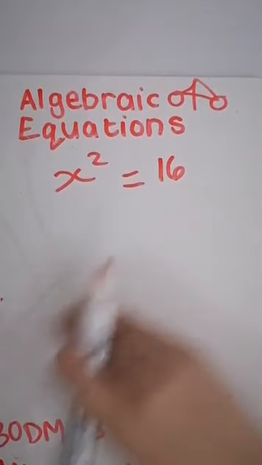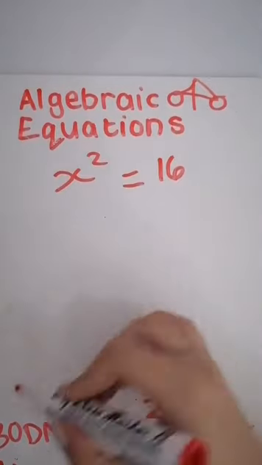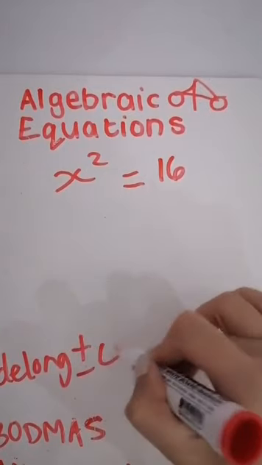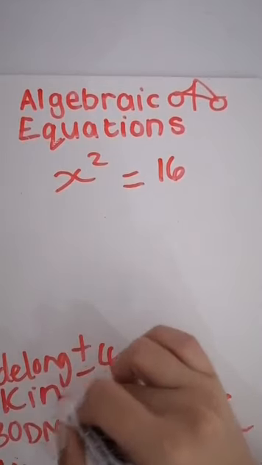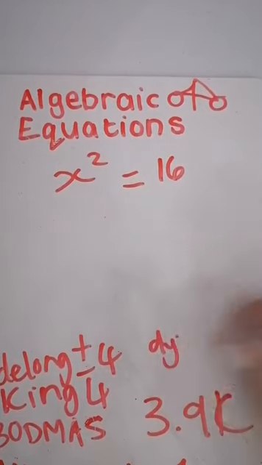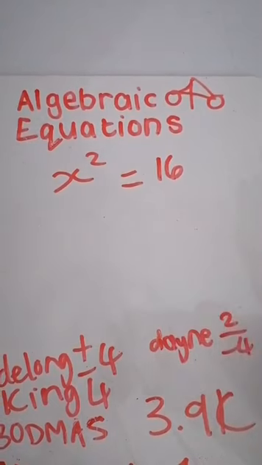Okay, guys, just remember the answers. Dr. DeLong said plus minus and King said just 4. You skipped mine. Ooh, sorry, guys. Let me just do it. DeLong said plus minus 4. King said 4. Dane says 2 over negative 4. And let's see what Carison said.